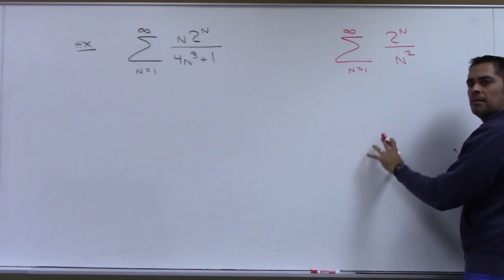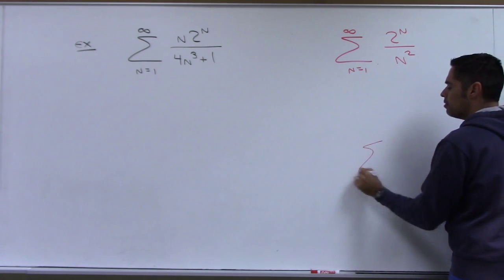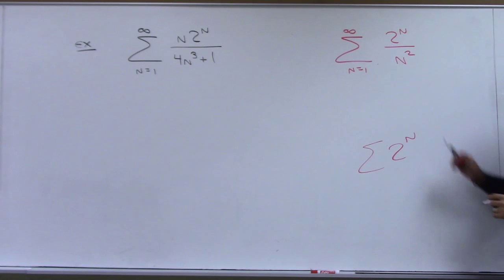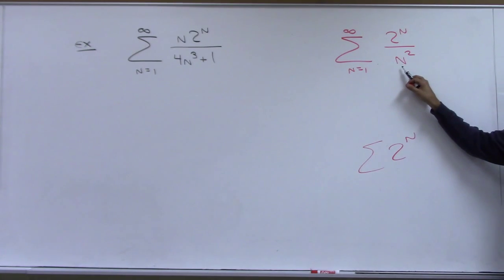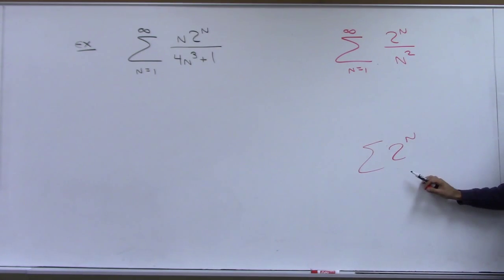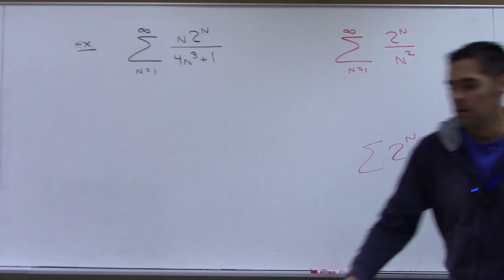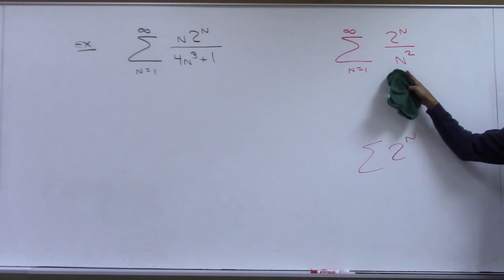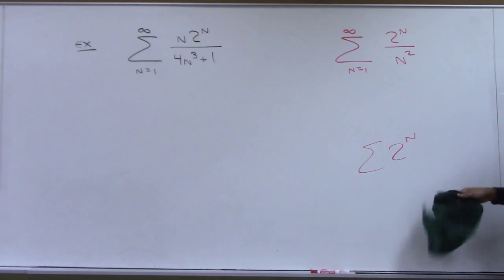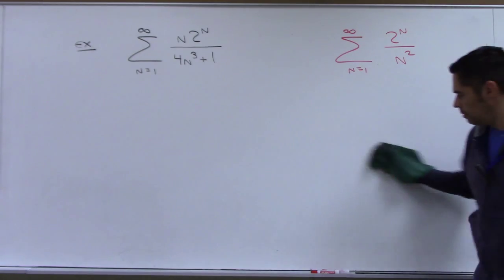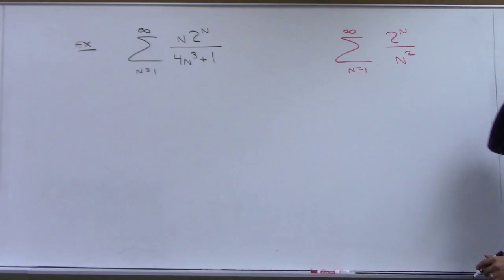I said we can probably use 2 to the n because we didn't really know what that one did, but we knew what this one did. But I know now I'm going to have to use that one if I want this to work. So I just need to figure out what that one does.